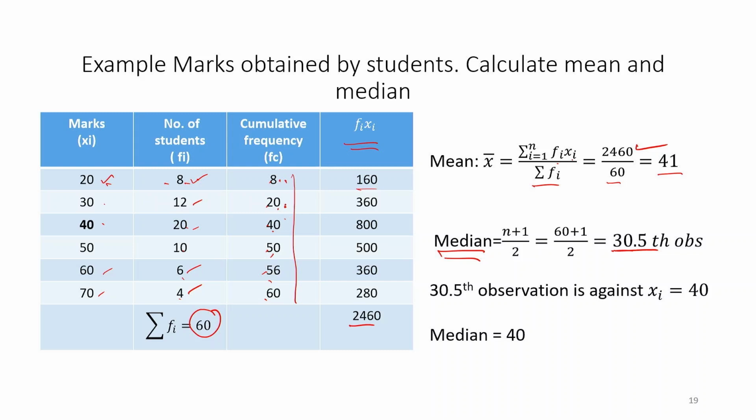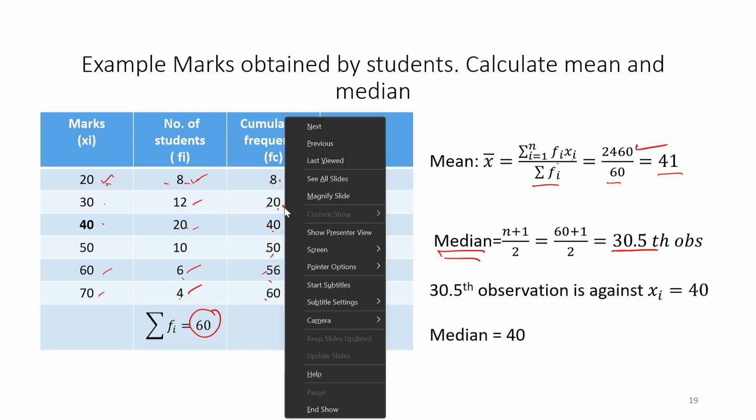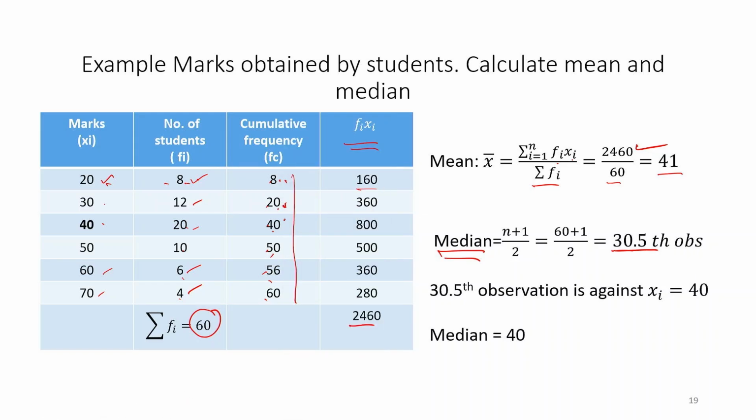Up to here it is 20, and then 30 is coming in between these two. So the 30.5th observation against Xi is going to be the marks 40. It is not in this band, it is going to be above this, and therefore in this case 40 is going to be my median value.